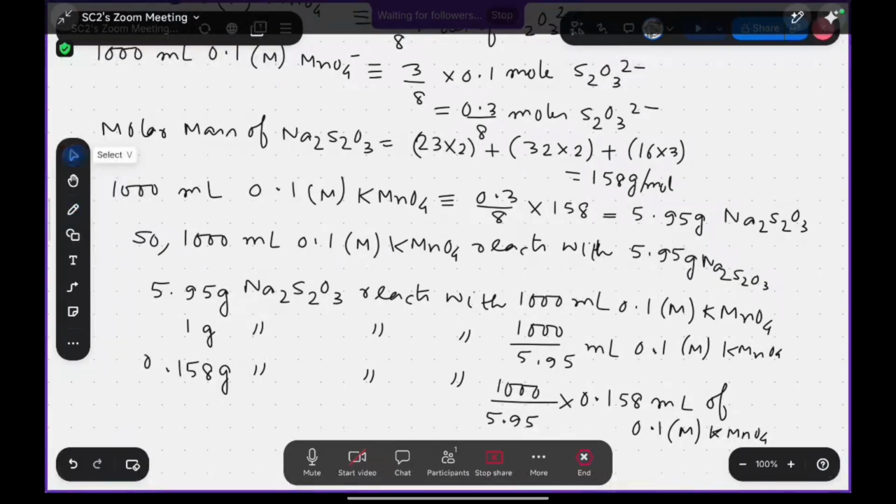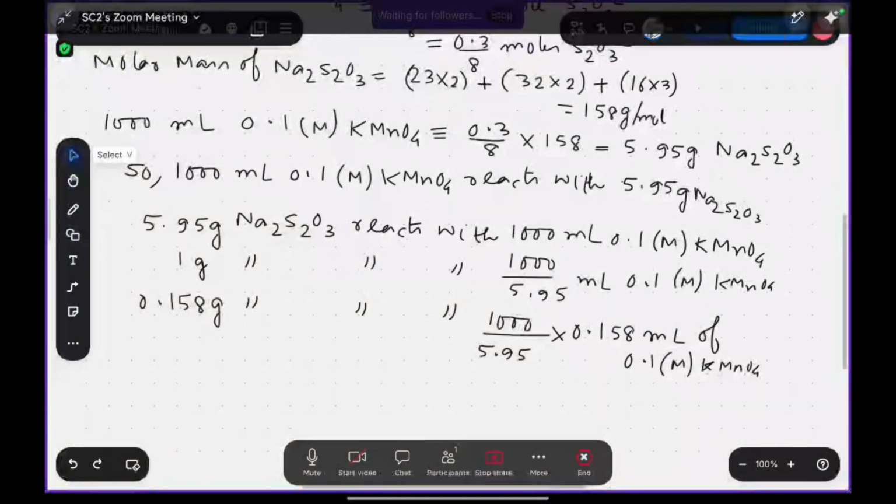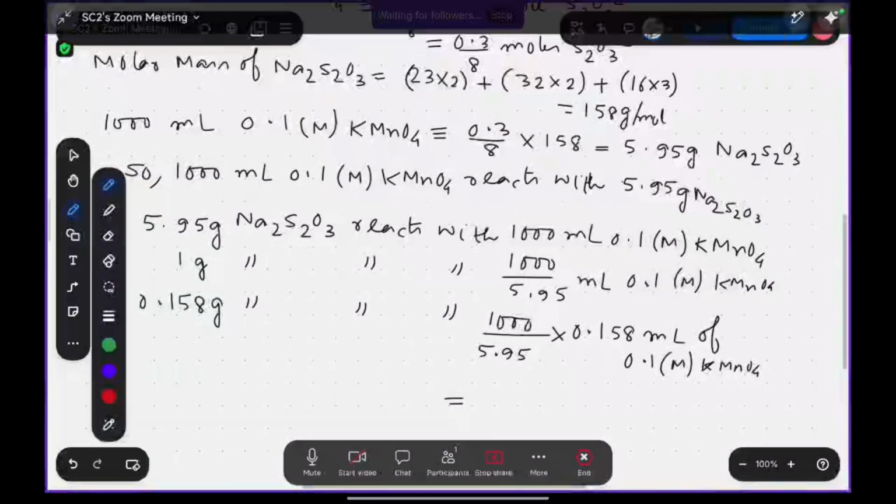If you solve the sum, it is 1000 divided by 5.95 into 0.158. It is 26.6 ml of 0.1 molar KMnO4.